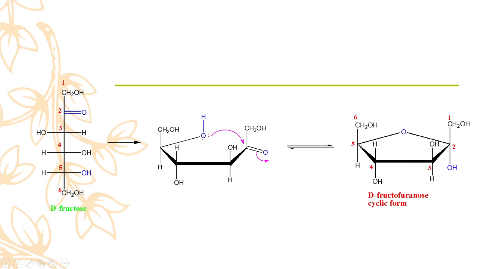Therefore the fifth carbon is attached to this oxygen, there is an opening of the O negative, and after hydrolysis there is a formation of OH. So here we write an OH and this CH2OH. It can be obtained from D-fructose, hence we write the D-fructofuranose cyclic form.